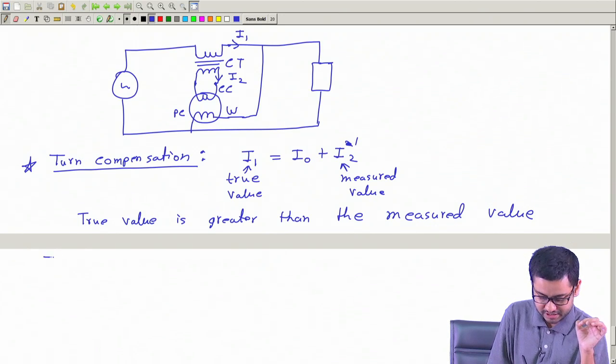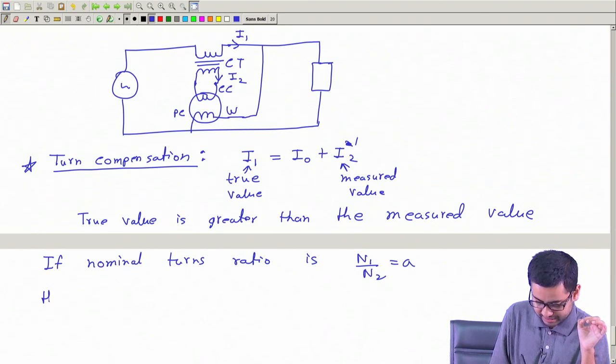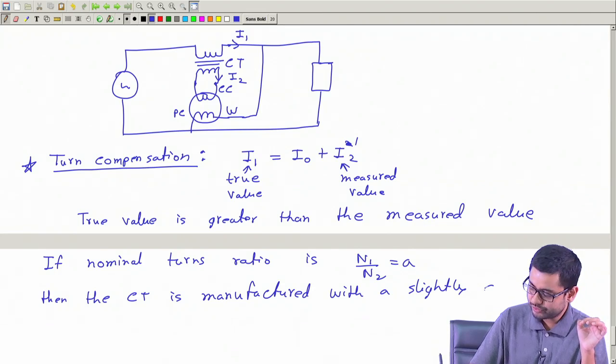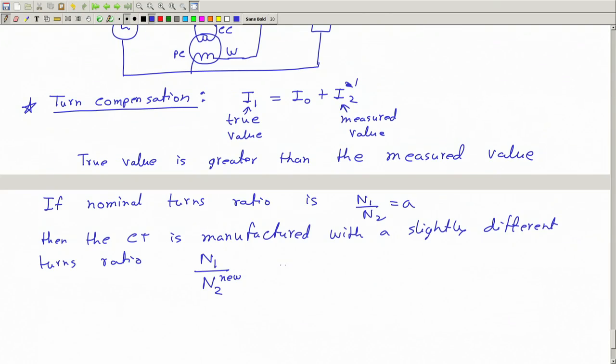If the nominal turns ratio is n1 by n2 equal to a, then the CT is manufactured with a slightly different turns ratio, maybe n1 by n2 new, where I will choose n2 new to be slightly lower than n2.